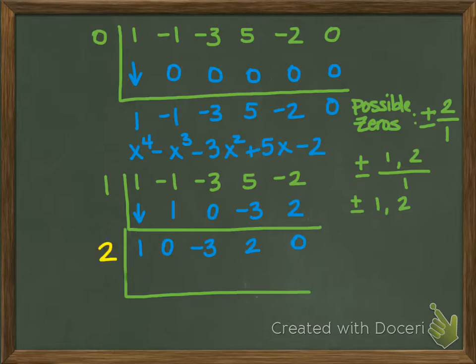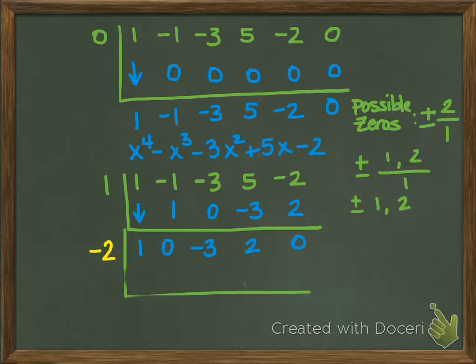I'm going to try positive 2. So I bring down my 1 times 2 is 2. Plus 0 is 2. 2 times 2 is 4. Plus the negative 3 is 1. 1 times 2 is 2. I'm not going to get a 0 remainder for this one, so positive 2 is not a solution.